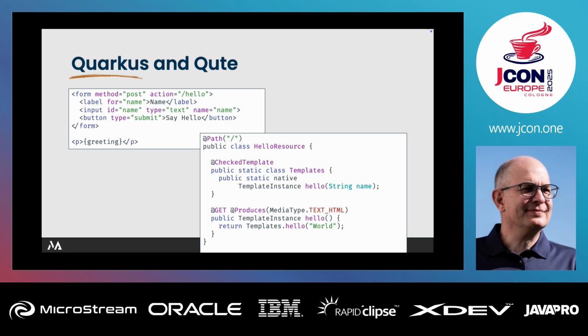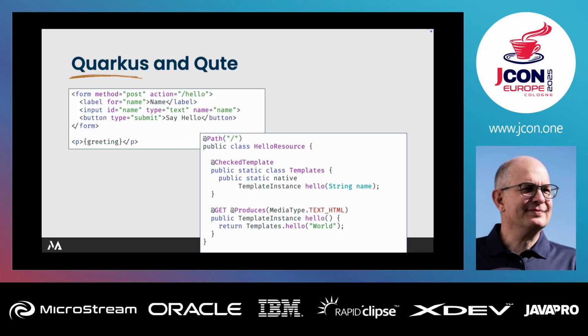On the other hand, and that's why I've chosen Qute for the demo as well, Qute also uses HTML templates. But Qute has a concept of so-called checked templates. So you define a static native, which is a bit of a misuse, in my opinion, of this native keyword there. But with this template instance, you don't have a model where you set values.